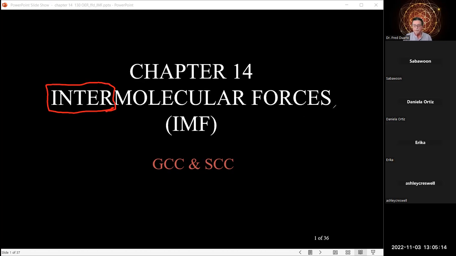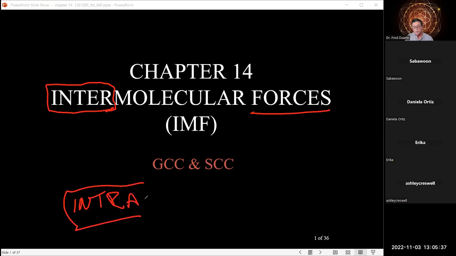Inter, and then forces, interactions that are occurring, and then of course molecular forces. So this means the forces involved between molecules and other molecules, intermolecular forces, as compared to intra.